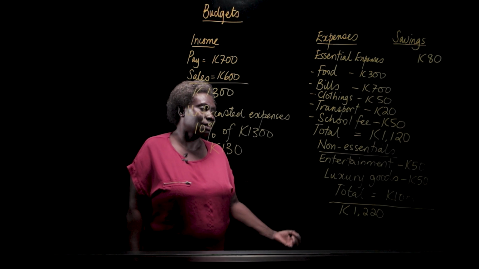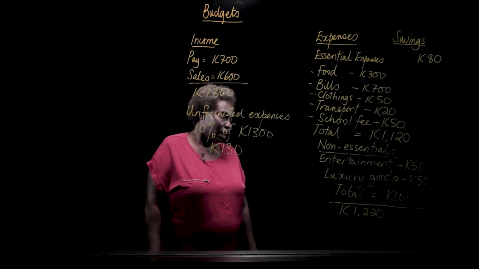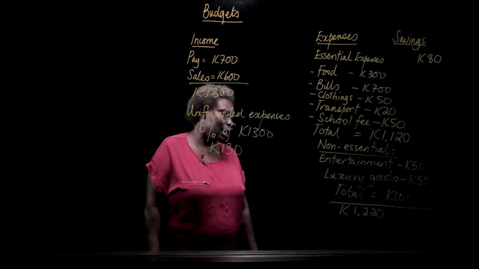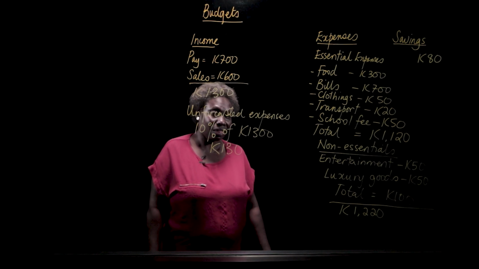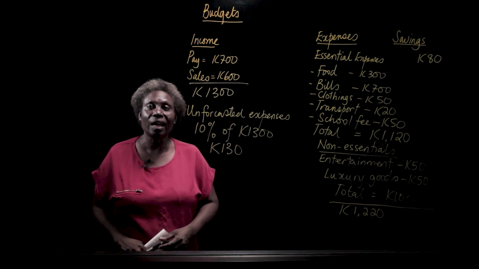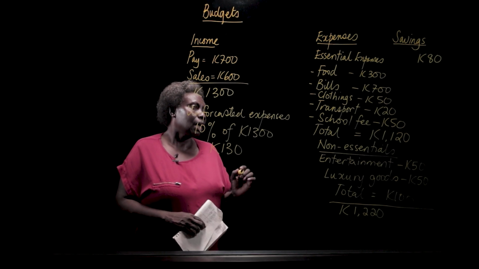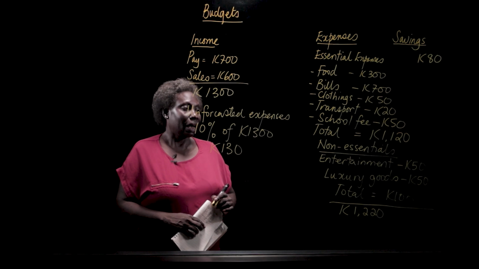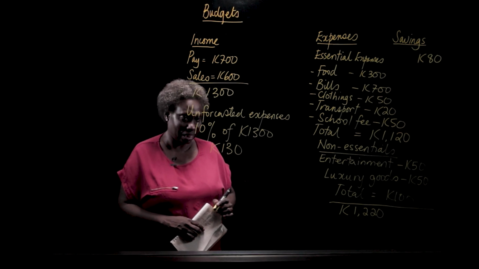He also needs to cut down on luxury goods, non-essentials, by 50 kina. That's 50 kina from food, 30 kina from clothes, and 50 kina from luxury goods, and that gives us a total of 130 kina.